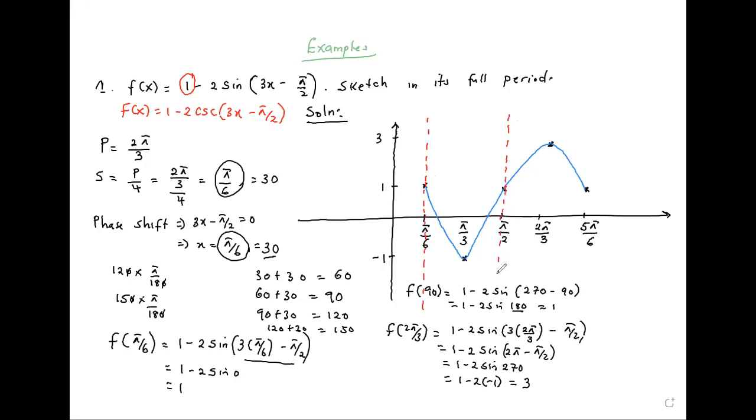Before you go further, on f of 2 pi over 3, is it still going to be okay if we still multiply 2 pi over 3 times 3? You mean here? Yes.